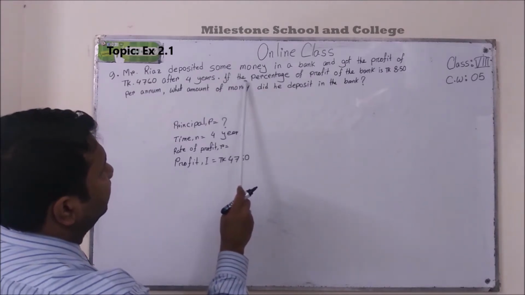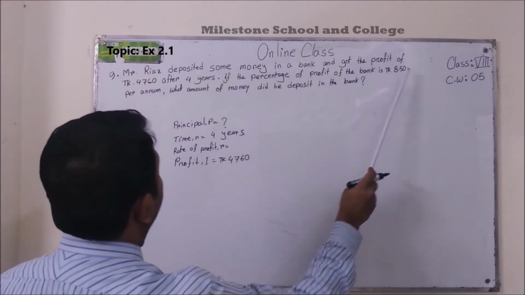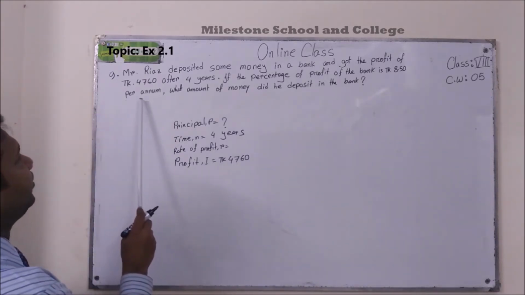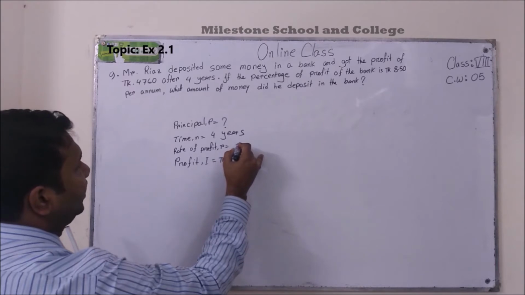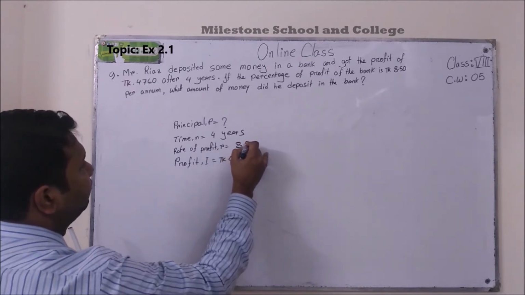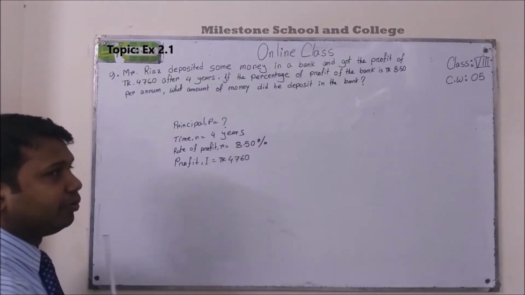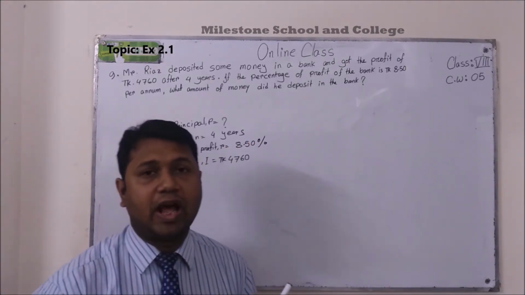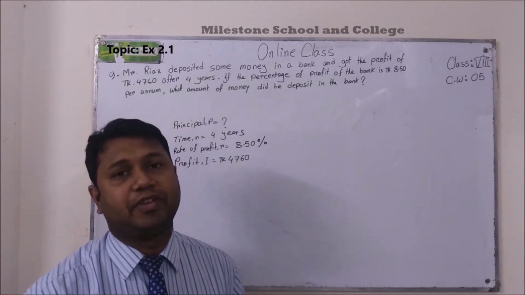If the percentage of profit of the bank is 8.50 per annum, that is our rate of profit, 8.50%. So we use the formula I equals PNR, and that's how we are going to solve this math.